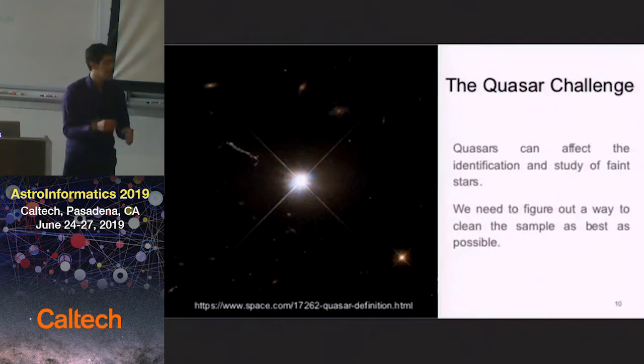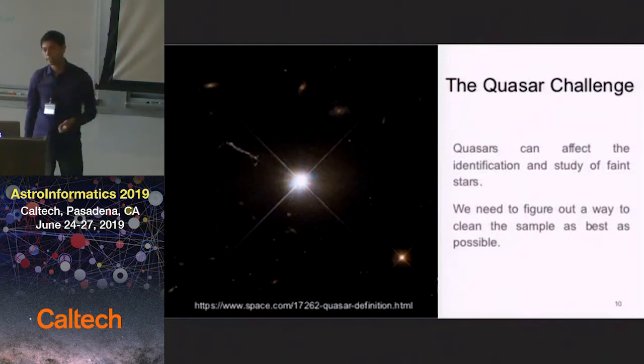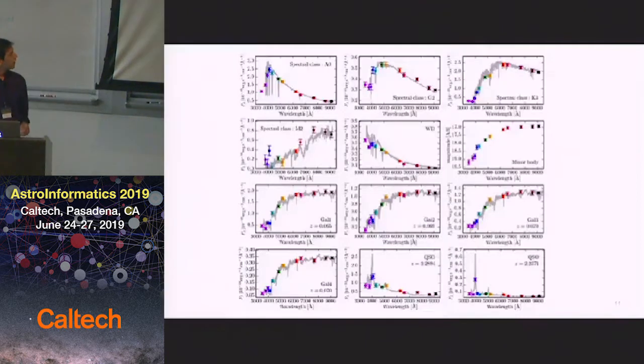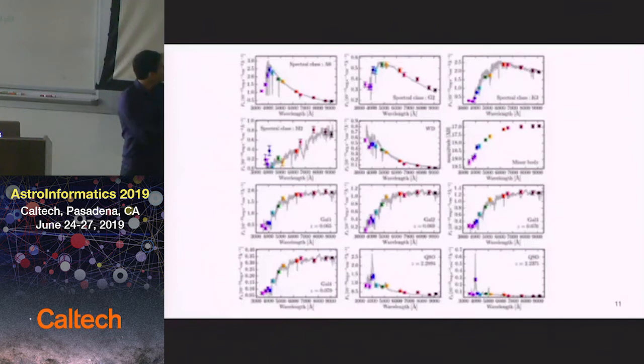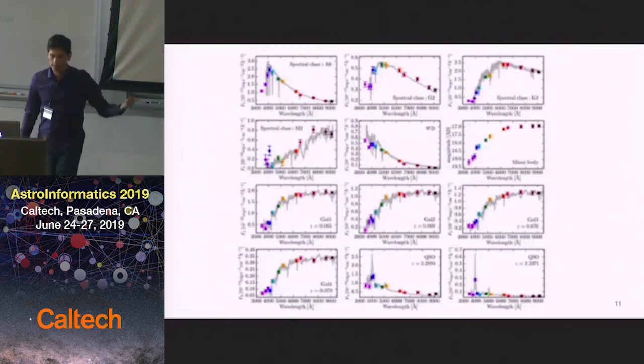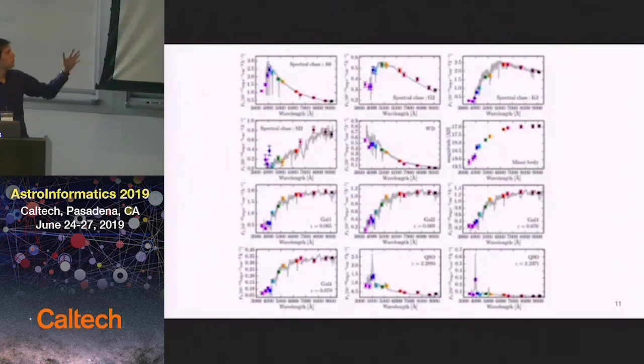So I need to get rid of the quasars and have the cleanest sample I can. One way to do this is with calibration in flux. There is a possibility in order to try to classify different things.